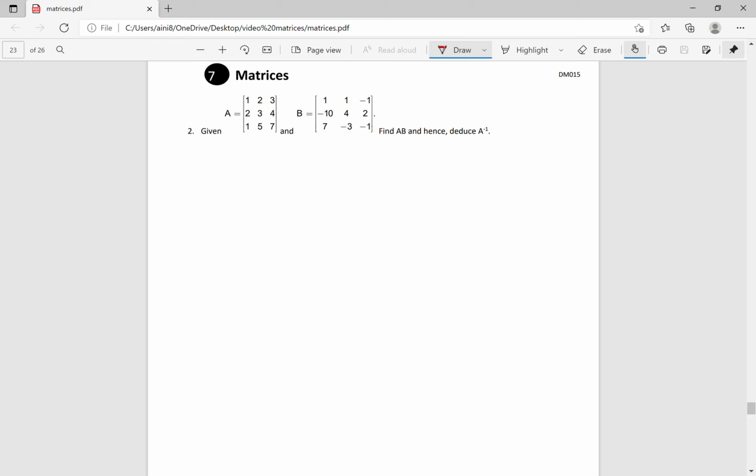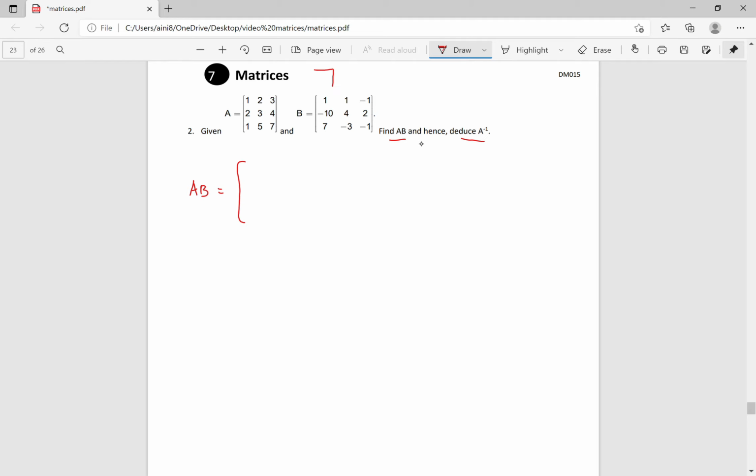Proceed with the second example of the property method for a 3 by 3 matrix. The question: given A and B, find A times B and hence deduce A inverse. When you want to multiply the two matrices A and B, actually you can use a calculator, but you have to show clearly the working for at least 3 elements.